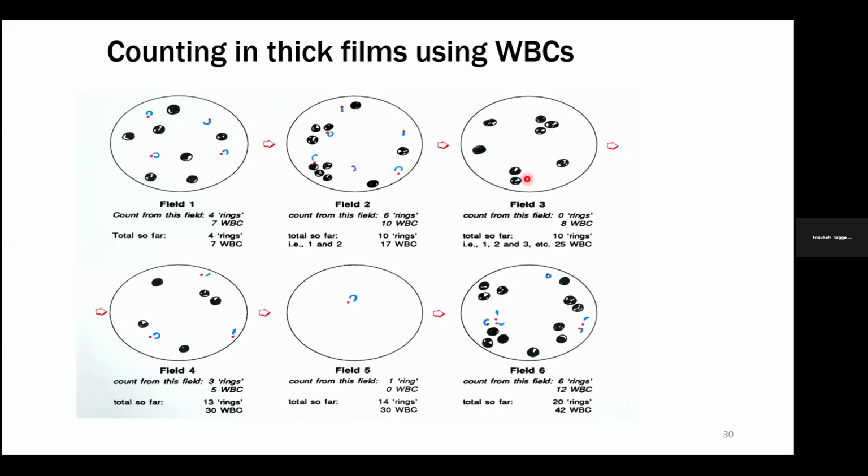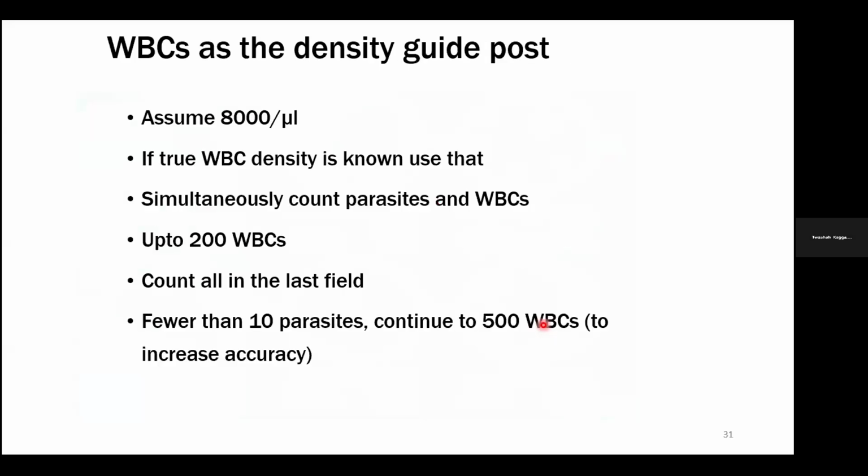If you are reporting per 200 WBC, you stop there and record this number of parasites per 200 WBC. Then there is a situation where you reach 200 WBCs, but the parasites are less than 10. If you reach 200 WBCs and the parasites are less than 10, it is advisable that you continue counting until the WBC total count has reached 500. Then you report the number of parasites seen per 500 WBCs.